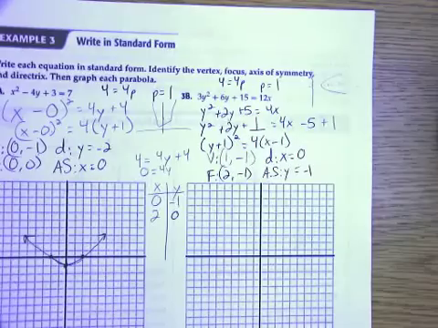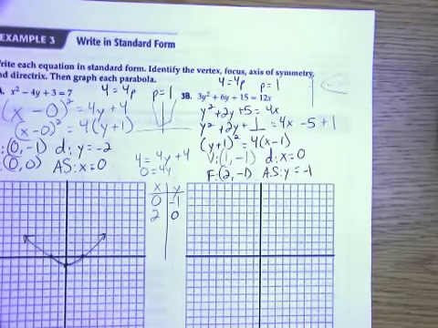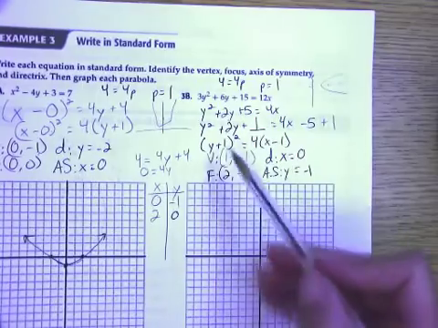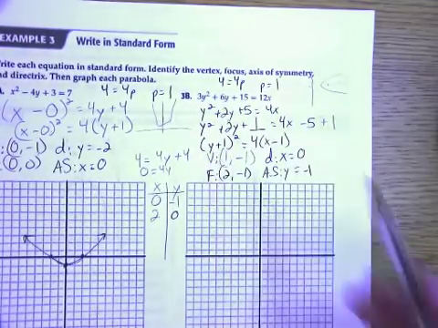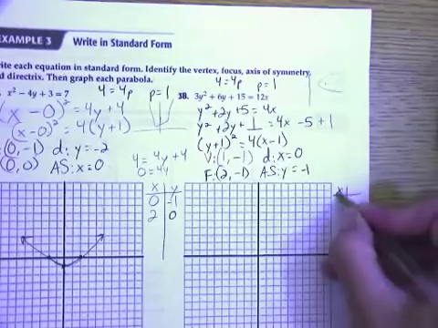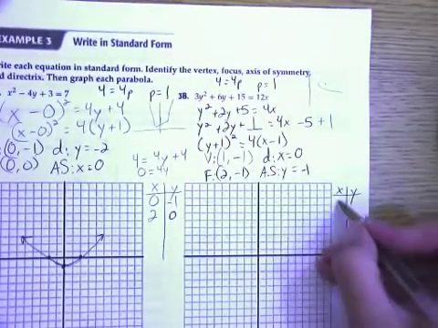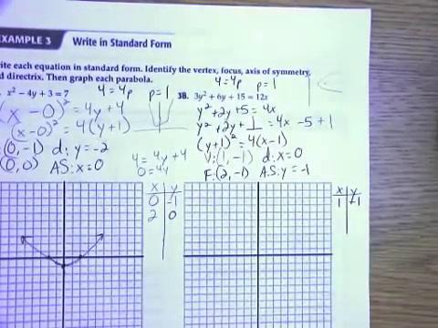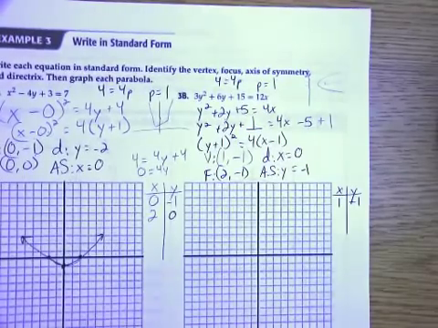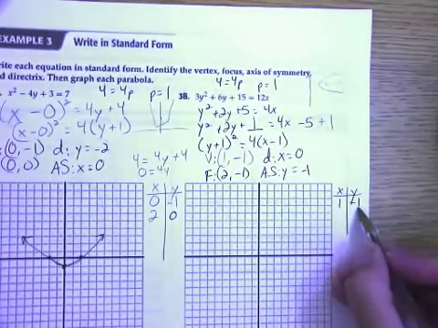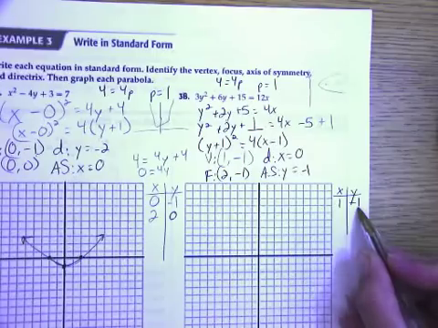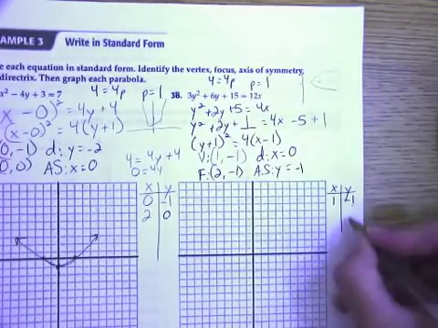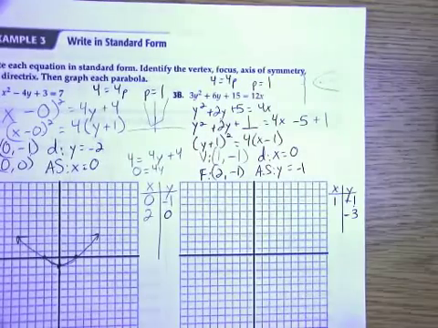Lastly, we're going to graph this. As I said before, we may have noticed in the last example that plugging in for x isn't always the best idea. Maybe we want to plug in for y in this instance, since y is being squared. All right, so I know that my graph passes through 1, negative 1, and since I have this y value of negative 1 and I don't want to go too far away from it, I'm going to plug in negative 3 for y.